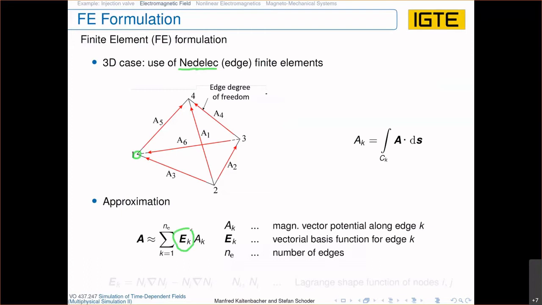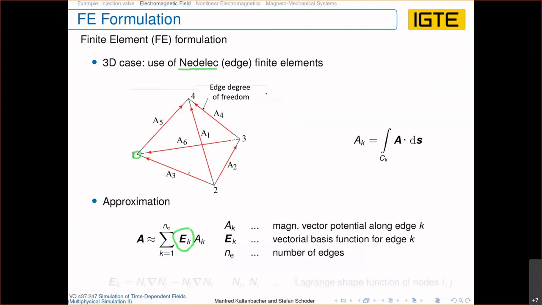Even, for example, if we consider elasticity, so the mechanical field, we have used for each degree of freedom in x, y, and z for the mechanical displacement the same nodal scalar basis function. Here it is different. The basis function itself is a vector, and the unknowns are scalars where we project the magnetic vector potential in the direction of the according edge.